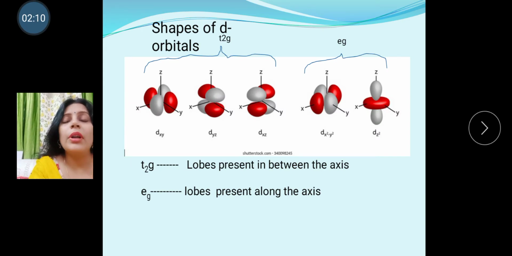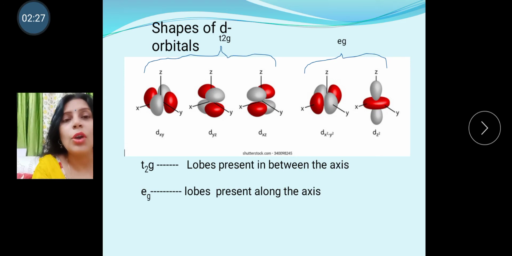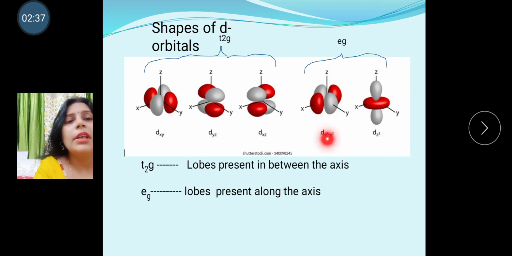So, before understanding the octahedral complexes and crystal field splitting in these complexes, we must understand the shapes of the d orbitals. We all know there are five types of d orbitals, that is dxy, dyz, dxz, dx square minus y square, and dz square.